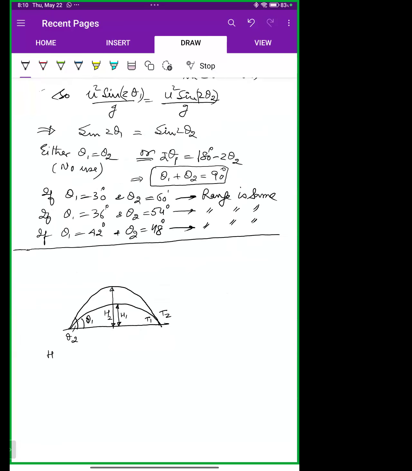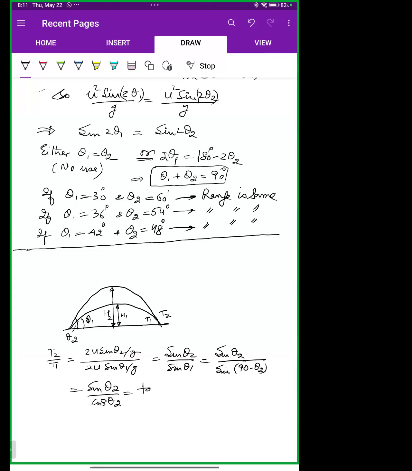Then T2 by T1 is equal to 2u sin theta 2 divided by g, divided by 2u sin theta 1 divided by g, is equal to sin theta 2 upon sin theta 1, that is sin theta 2 upon sin of 90 minus theta 2, which becomes sin theta 2 upon cos theta 2, that is tan theta 2.